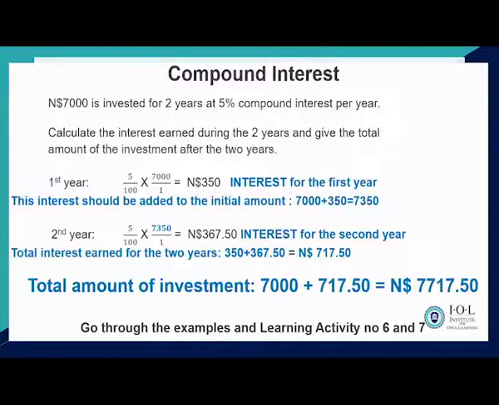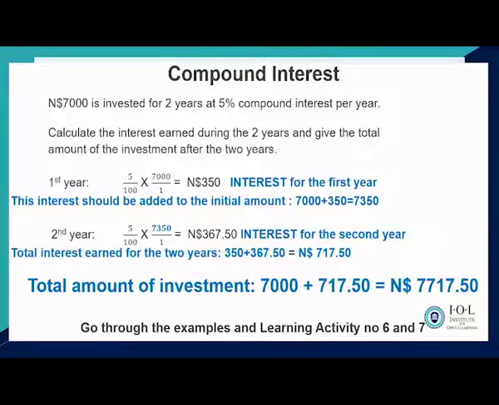So be careful with the question. What did the question ask? Did the question ask the interest I earn in the 2 years? Then you have to add the 350 and the 367.50. That's the interest. If the total amount is asked, you have to get the 7,000 plus the 2 years' interest.